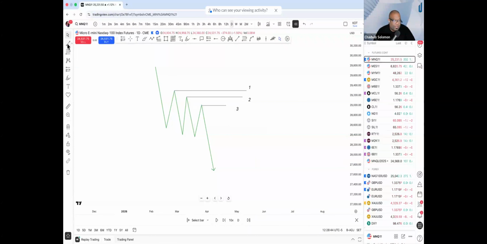I'm almost certain, right? I'm almost certain that in this case, the controlling swing high is either going to be 2 or 1. It's either going to be 2 or 1. We are most likely inclined to go for 3 because we see it break below this. But that's why we use that bump up trick, right?